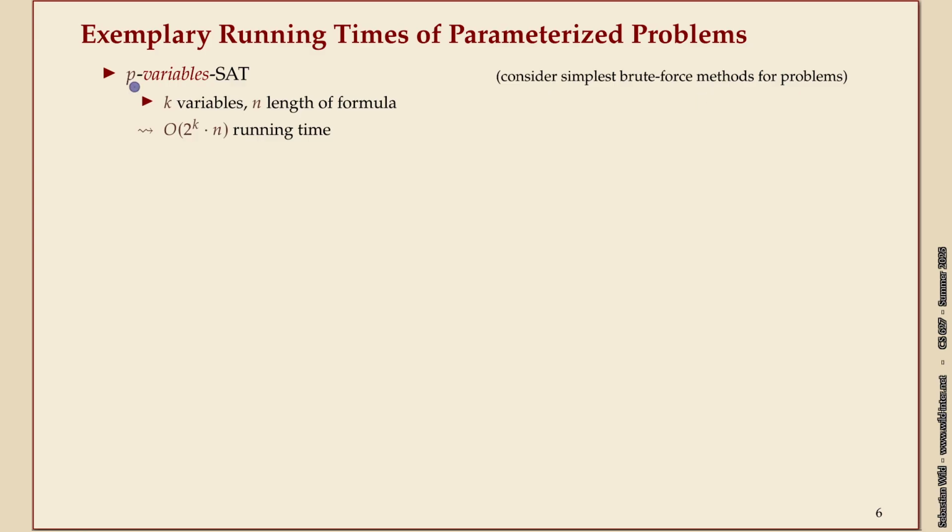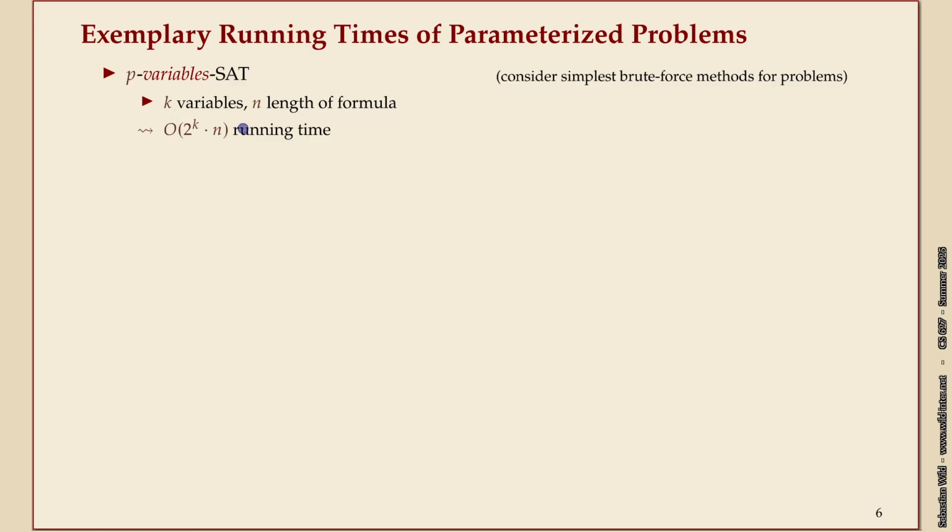If I have the p-variables SAT problem, we'll see this in more detail in a second. If I have k variables, the number of assignments is 2 to the k. I can assign each variable to true or false.